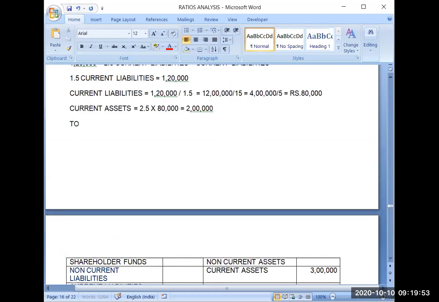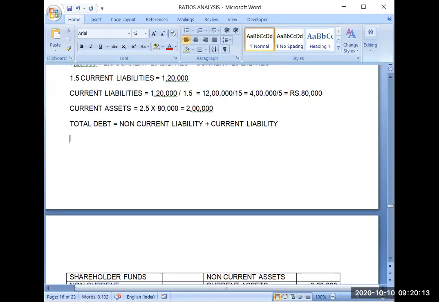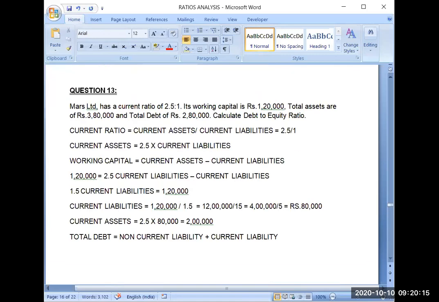Total debt is equal to non-current liability plus current liability. Now the total debt value I know, it is 2,80,000. So 2,80,000 is equal to non-current liability plus current liability, which I know is 80,000.